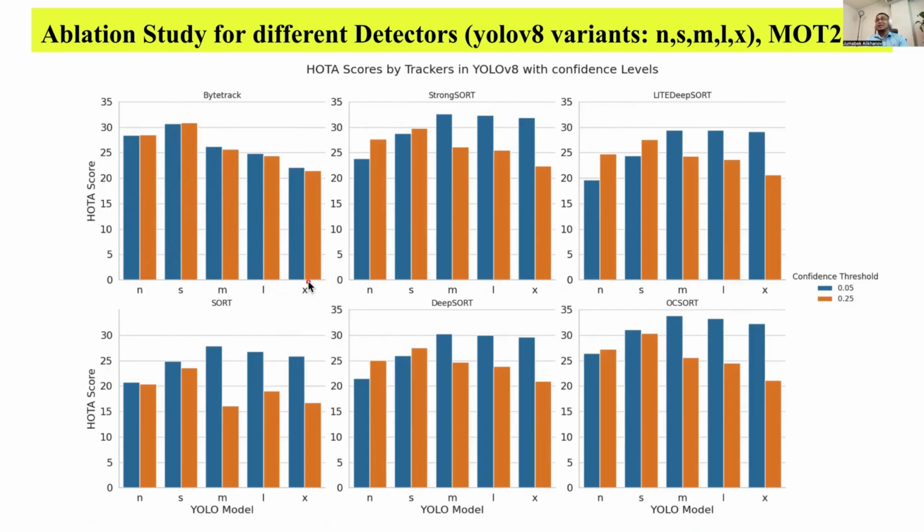That means a bigger detector is not always better. If you change the detector, the results change, and it's not the same for all. If you see here, for StrongSORT, larger detectors and the smaller threshold are actually better.